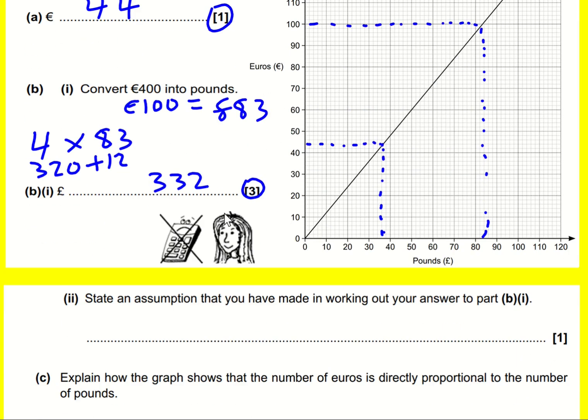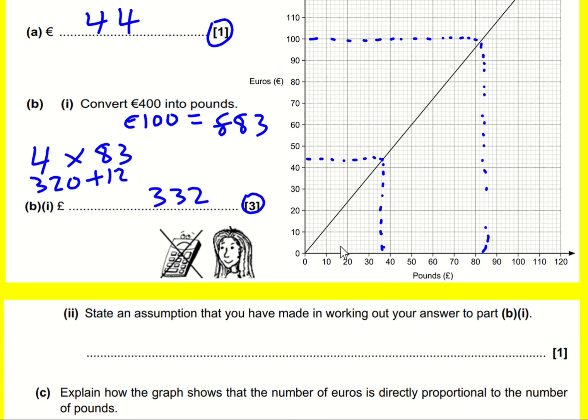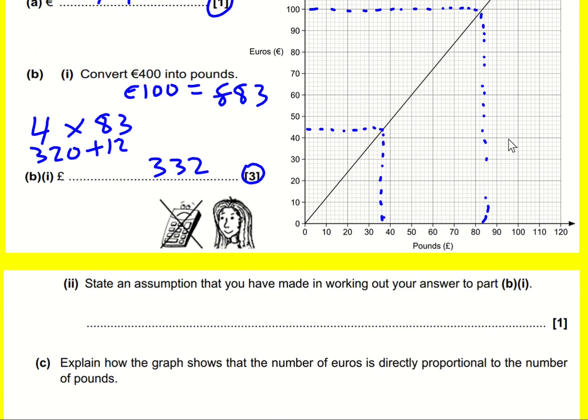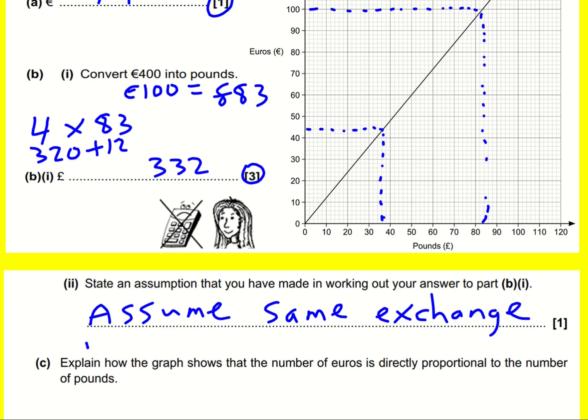State an assumption we've made in working out this answer. We assume that it's going to continue as a straight line in this way. So state an assumption. Assume same exchange rate throughout.